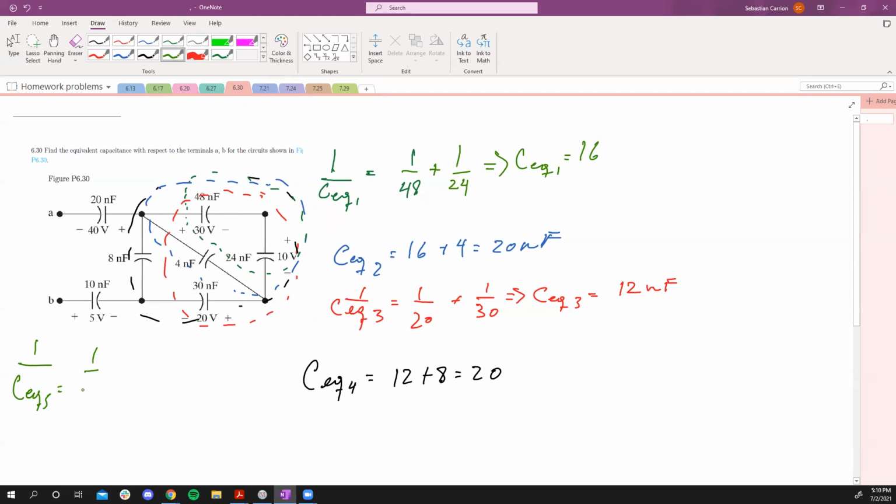So it'd be 1 over 20 plus 1 over 20 plus 1 over 10. C equivalent 5 would be 5 nanofarad. And this is our equivalent capacitance across the terminals A and B. So we would have 5 nanofarad.